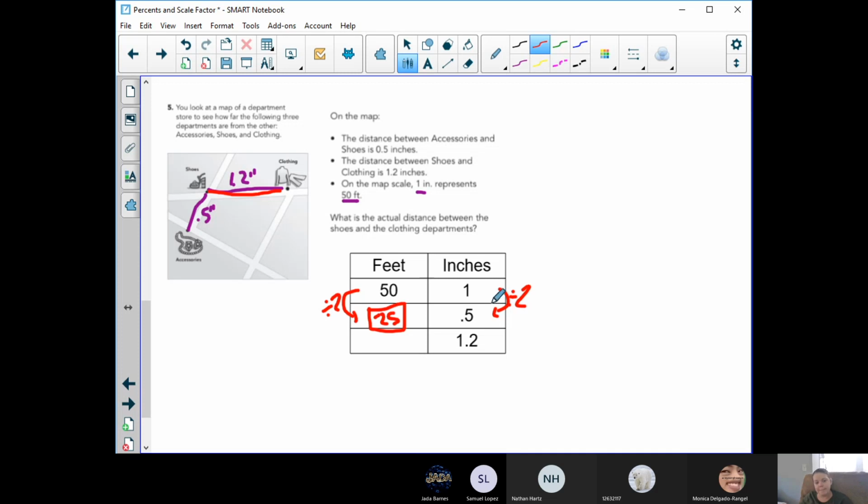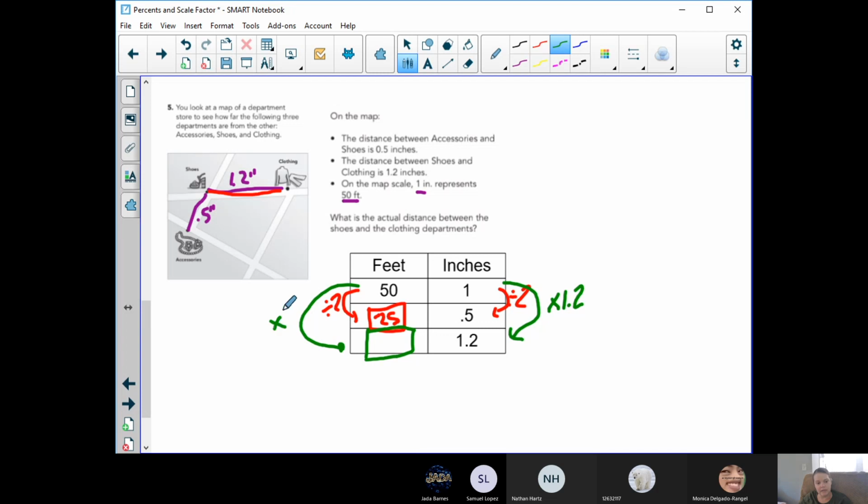All right. How many feet would 1.2 inches be then? Okay, Nathan says 60. How did you get that answer, Nathan? Okay, so we have to multiply by 1.2 to go from 1 to 1.2.